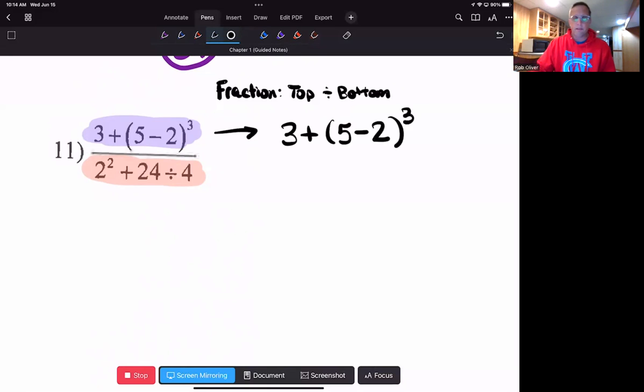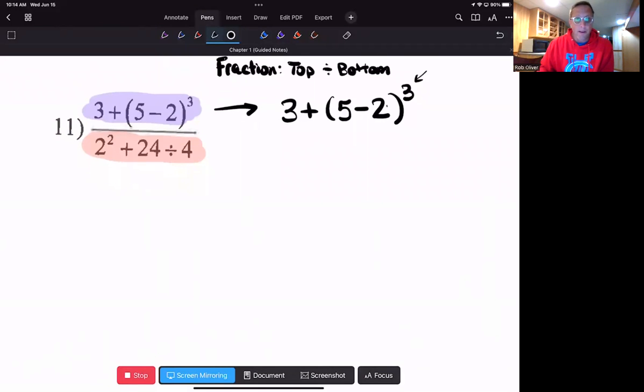And these are not the easiest things to do because the numerator's got a lot going on. We've got a 3, we've got an exponent that's outside the parentheses. All right, meaning we better do that after the parentheses, right? That's normally how you do it, but that does not mean 2 cubed. That means 5 minus 2 cubed. So we want to figure out what 5 minus 2 is. Again, not too tough.